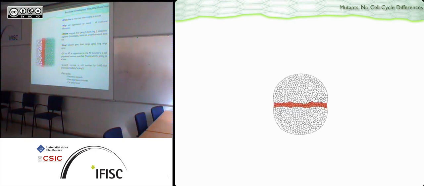This is an epithelial tissue. Actually, in this epithelial tissue here, maybe you can distinguish a kind of cross. This is the DB organizer, and this is the AP organizer. This is the system of reference from which these morphogens are diffusing to provide information to others.